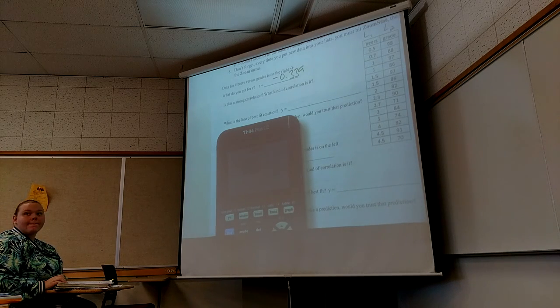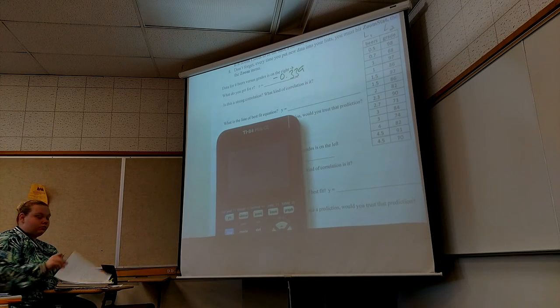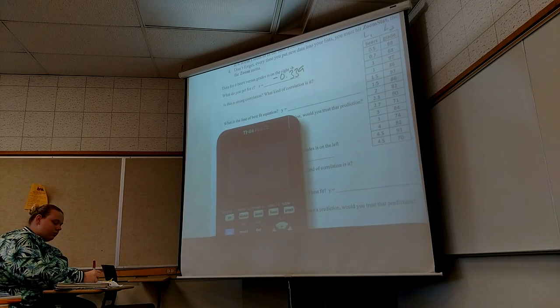You guys follow what I'm saying? All right, how can I say this better? R can be from negative 1 to 1, right? R equal to 0 means no linear correlation.